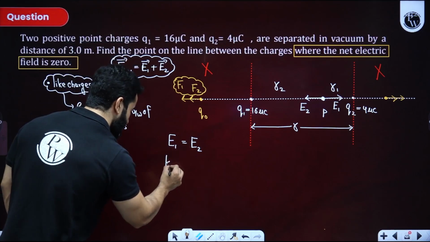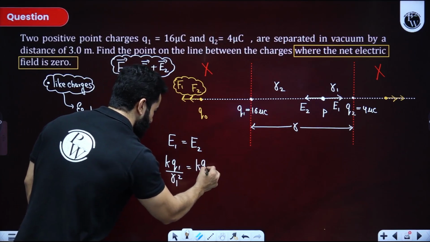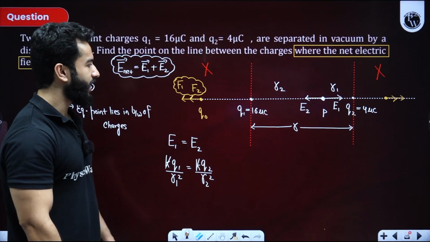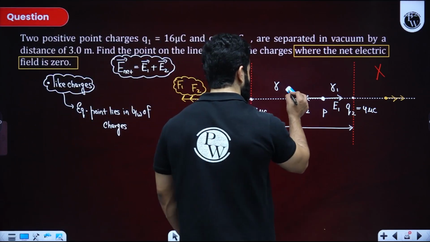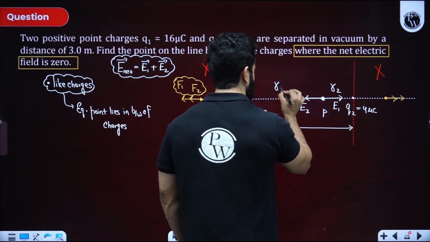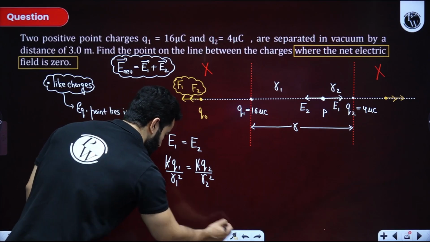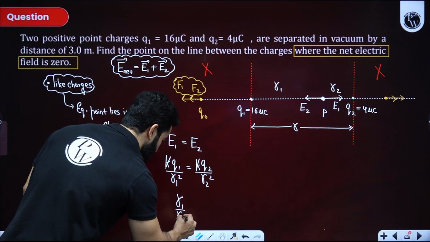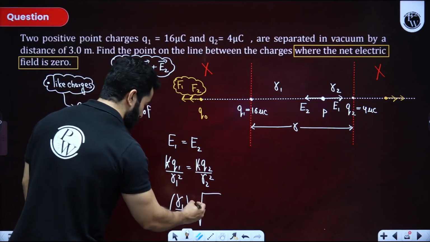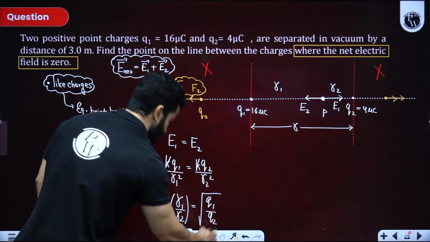So it would be K Q1 upon R1 square equals K Q2 upon R2 square. So K and K get cancelled out, right? My dear friends, shall I write this as R1 and this as R2 so that there is no confusion, because this is Q2, right? So R1 upon R2 will become the root of Q1 upon Q2, right?